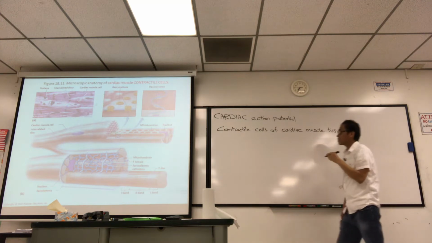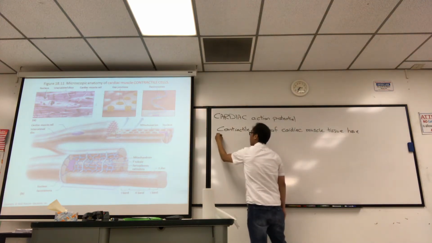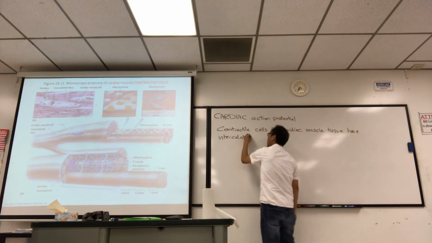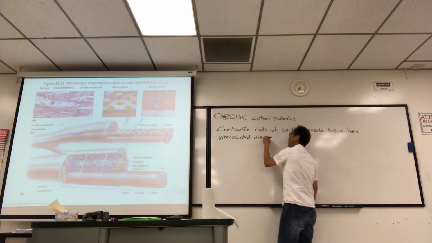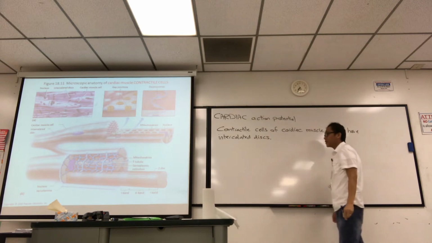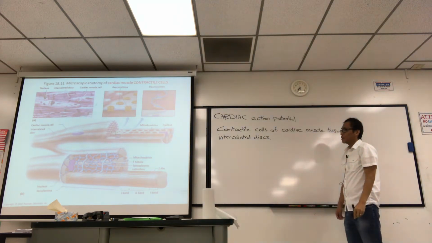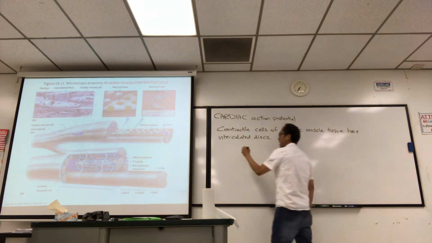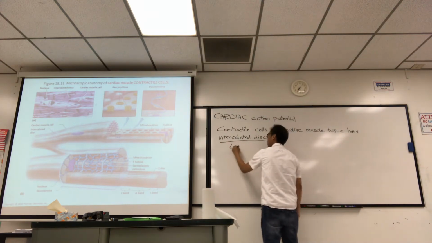Intercalated discs. Structure not seen in skeletal muscle tissue. These discs have two key components shown in this figure. The intercalated discs include the gap junctions and desmosomes.